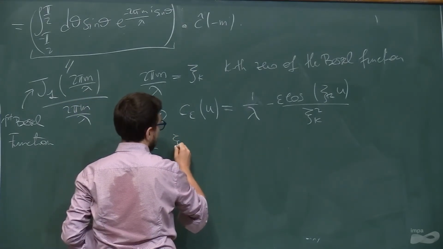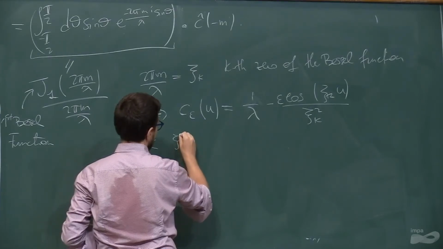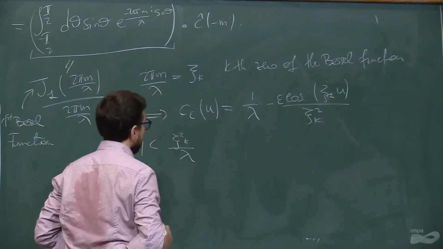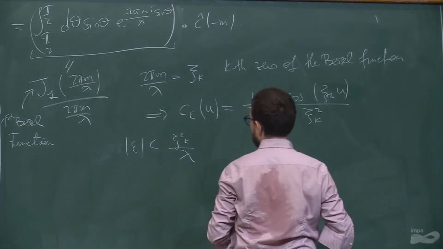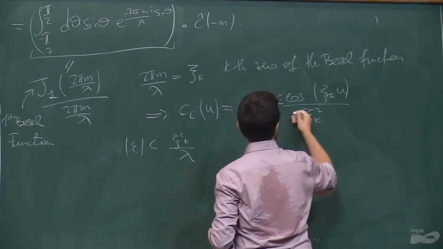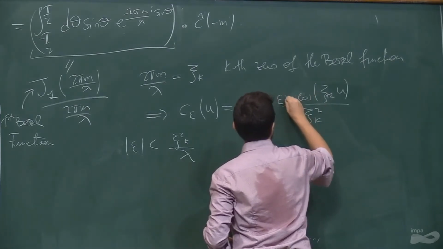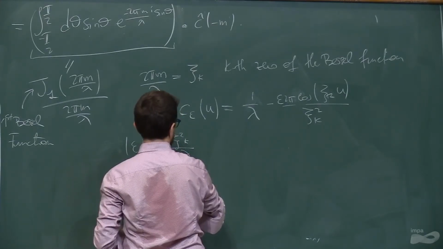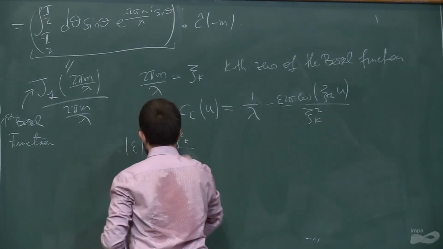So this is psi k squared divided by lambda, but then I'm surely forgetting some 2 pi here, I think. See the formula.